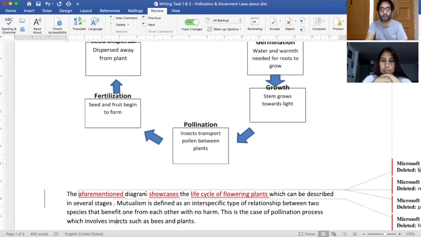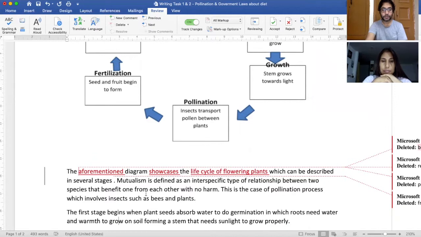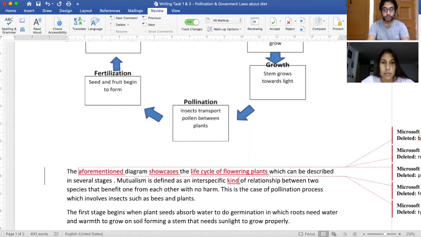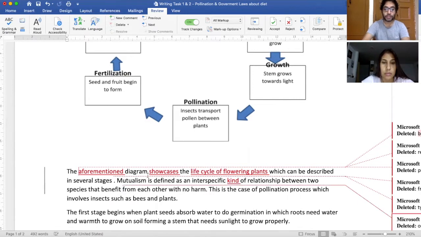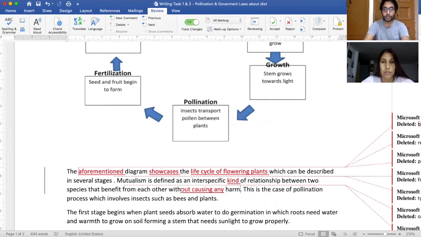Okay. It's defined as an interspecific type of relationship between two species that benefit from each other, without causing any harm to one of the species.